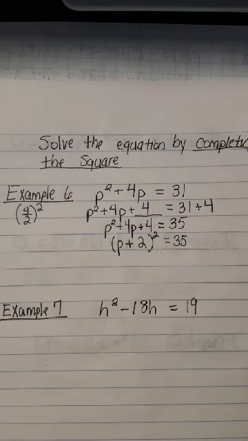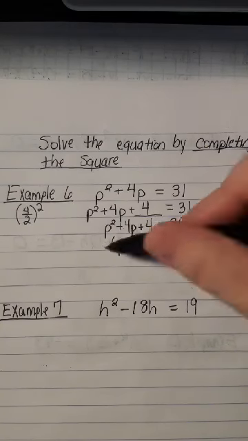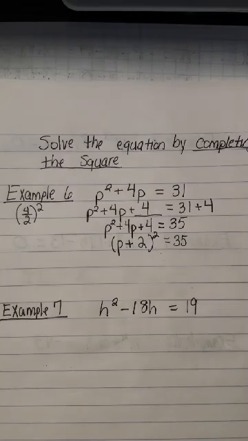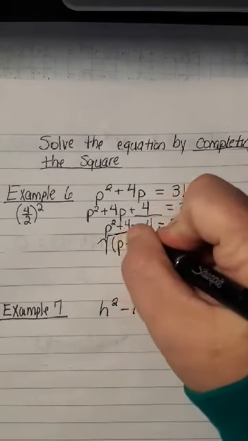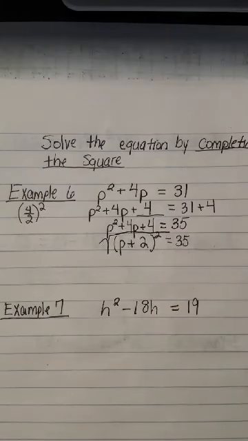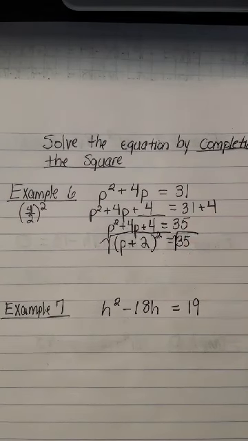Well, now we've got to solve, and we learned when you're solving an equation for a variable that's to the second power, you've got to take the square root of both sides. That's why we learned how to solve by taking the square roots. So we've got to take the square root of this left side to cancel out that little 2. That means we've got to take the square root of the right side, because you always do the same thing to both sides of your equation.